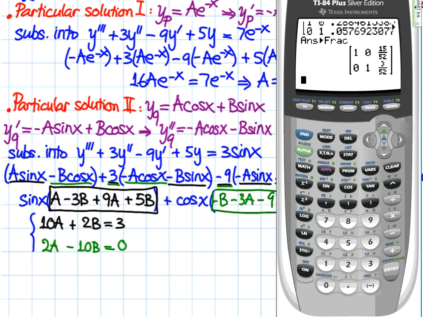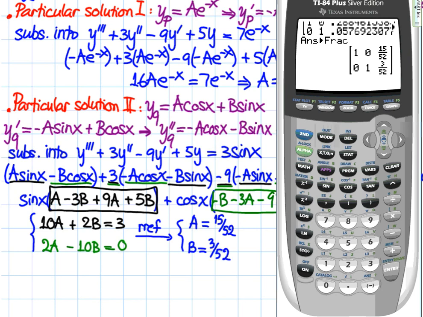Right. So with that, we can say A is equal to 15 over 52, and B equal to 3 over 52. So let's just say we use the reduced row echelon form for the system of equations. We will have A equal to 15 over 52, and B is 3 over 52.